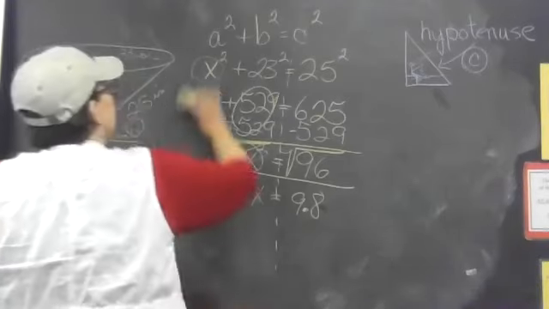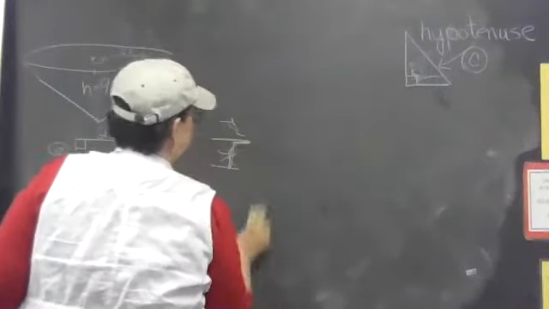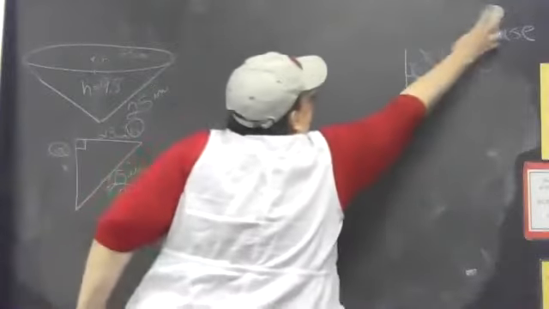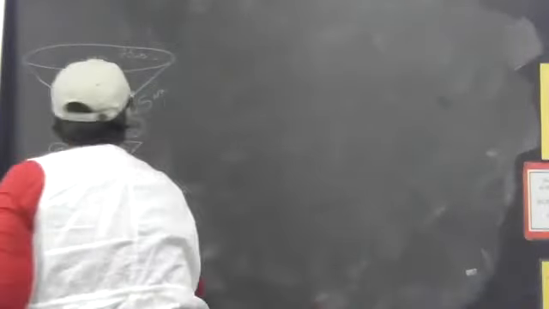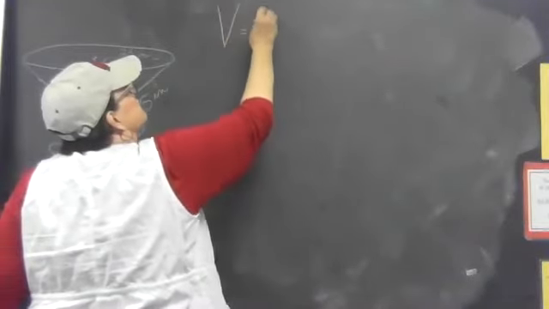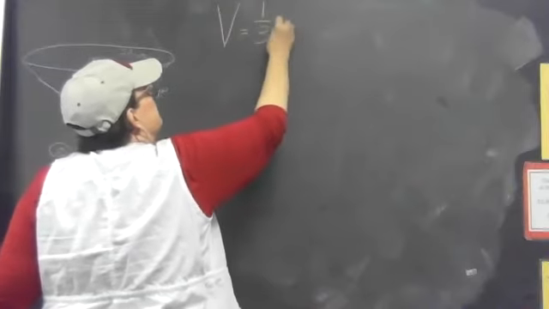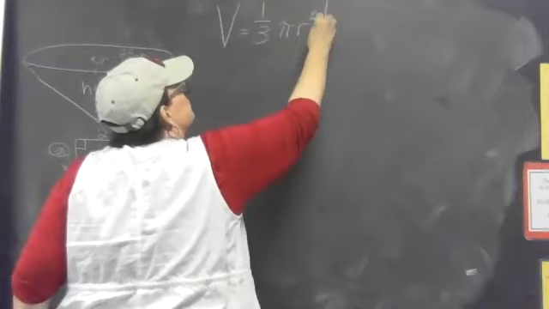You had to take a side trip to find the information that we need in order to find the volume. So volume of a cone is 1/3 pi r squared h.